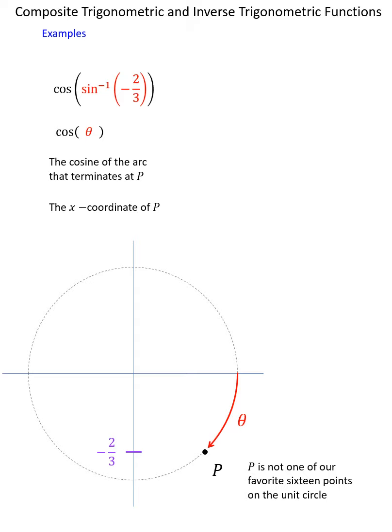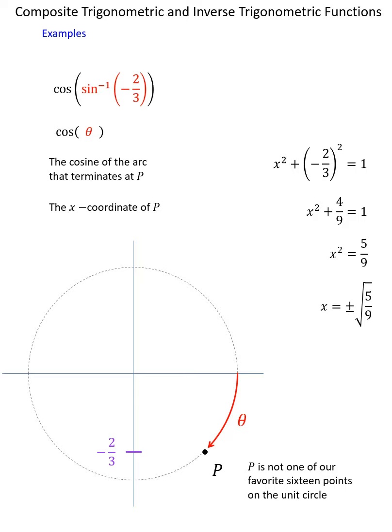So now the question becomes, how am I going to find the x-coordinate of P? Well, I can use the equation for the unit circle. I know the y-coordinate after all, that's negative 2/3.